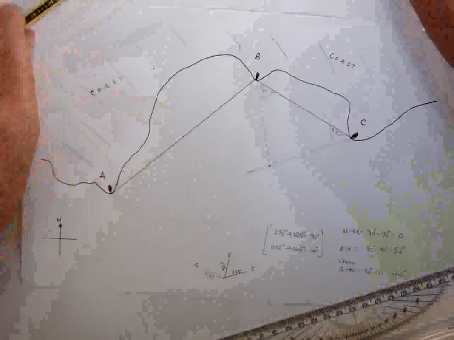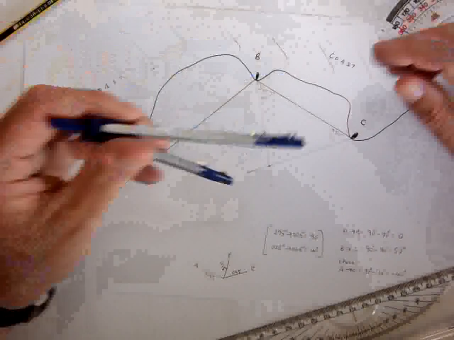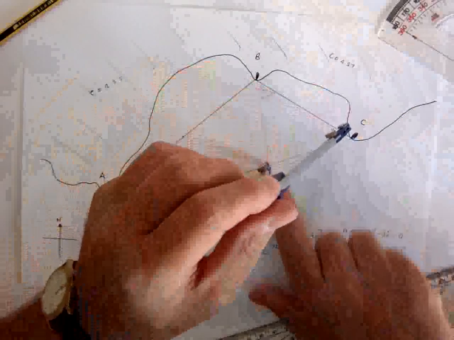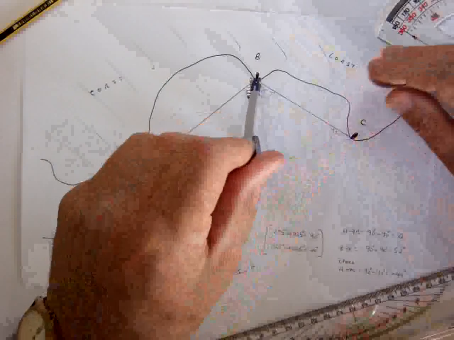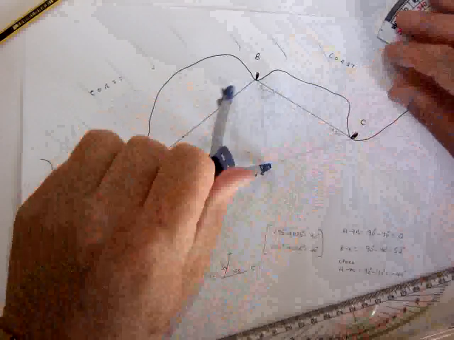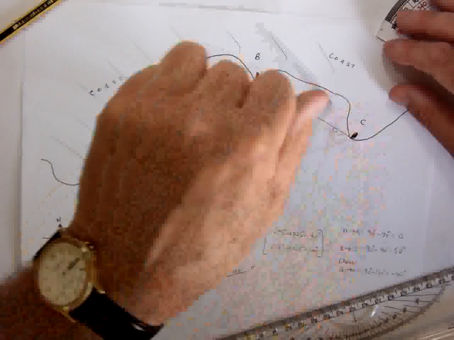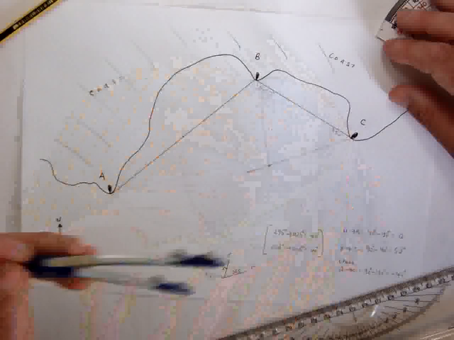So once we've put these positions on using our protractor, we then place the protractor where the two lines intersect, put them on lights B and C, and then we draw a circle. Now the circle has to go through B and C. So that's our first circle.